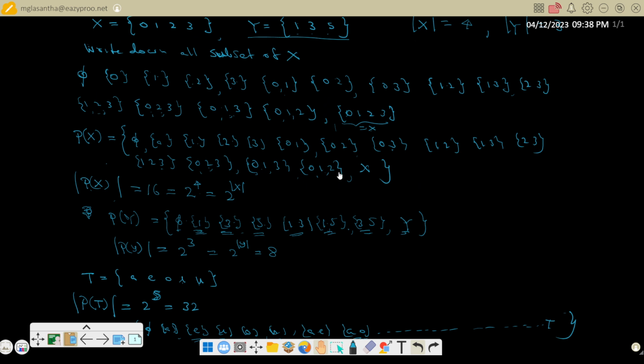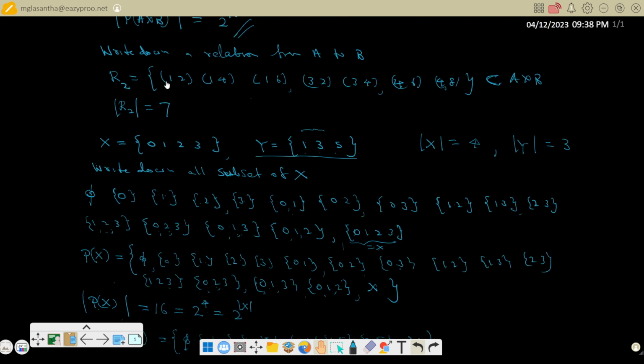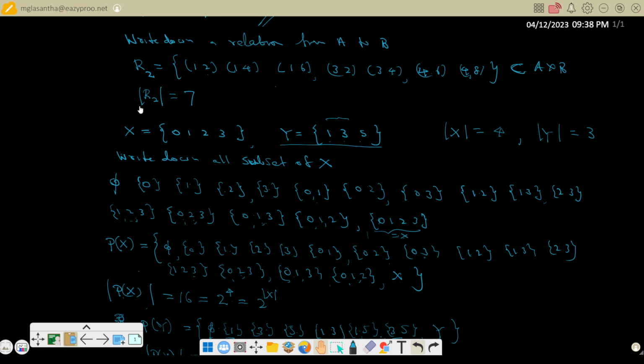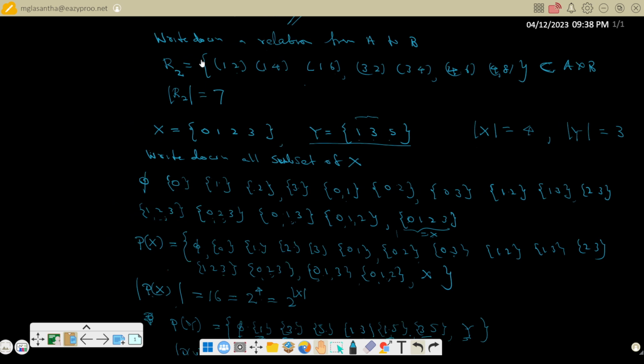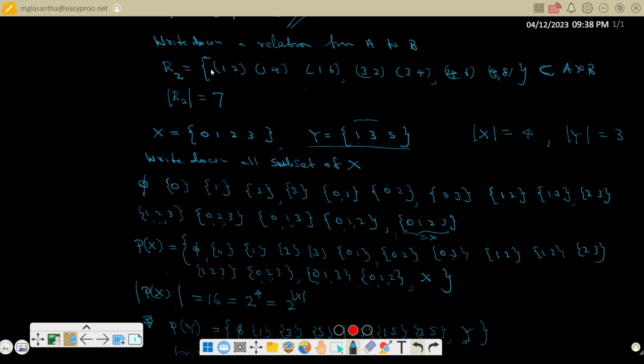But these are not sets. But this entire thing is a set. R2 is a set, but this (1, 2) is not a set. That's an element of R2, one member of R2. This is also a member of R2.